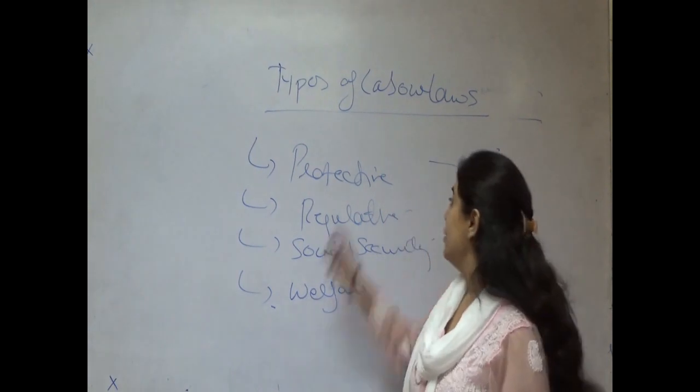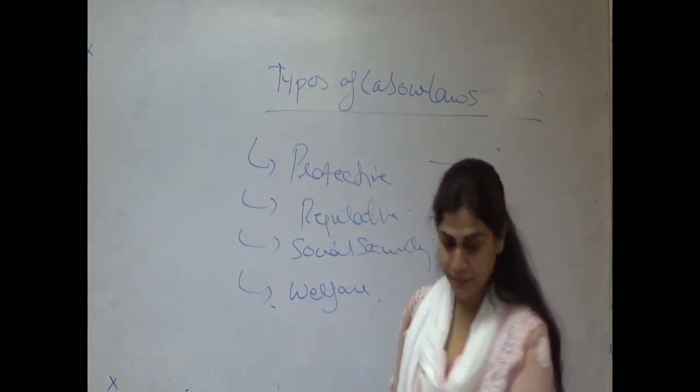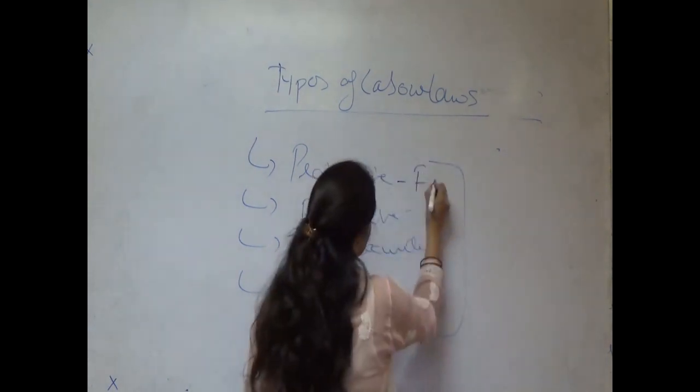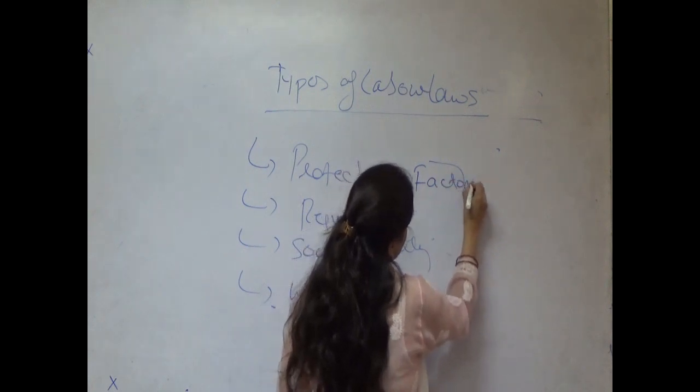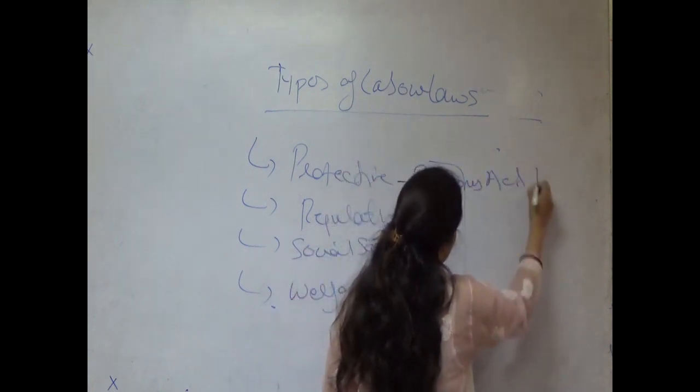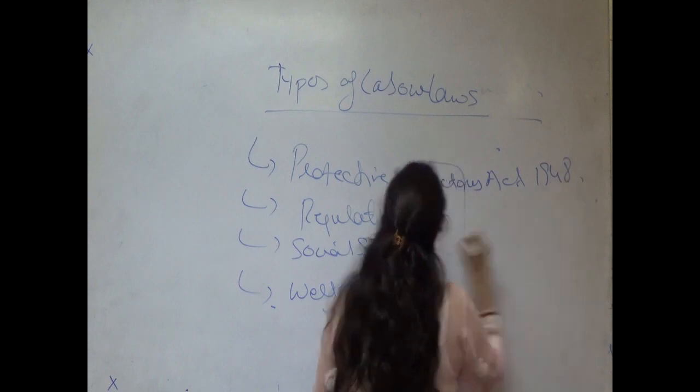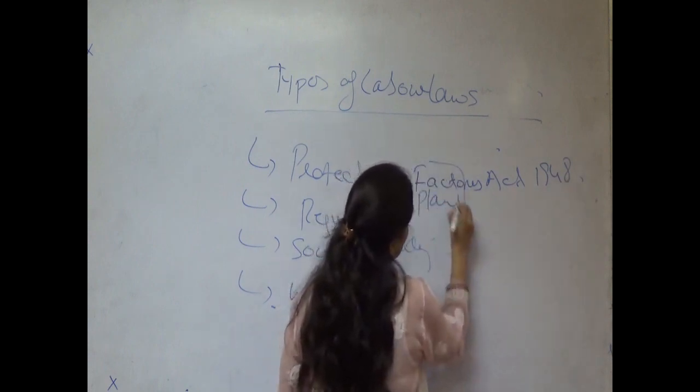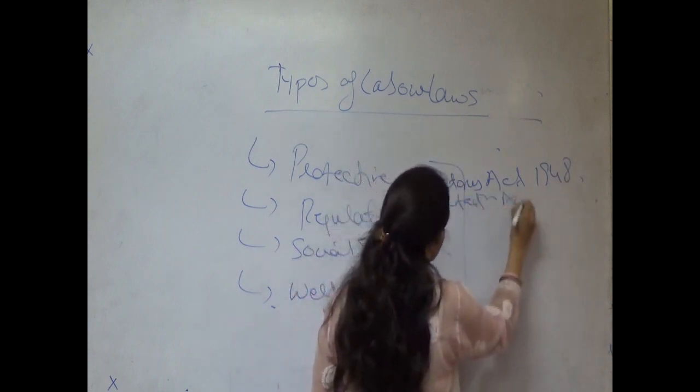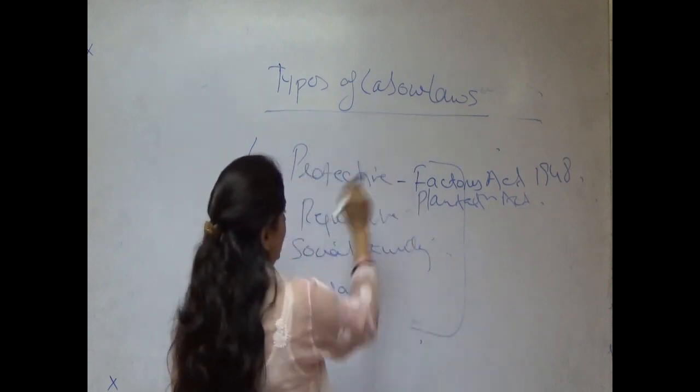For example, the Factories Act 1948 and the Plantation Act are a few examples of this category of labor laws.